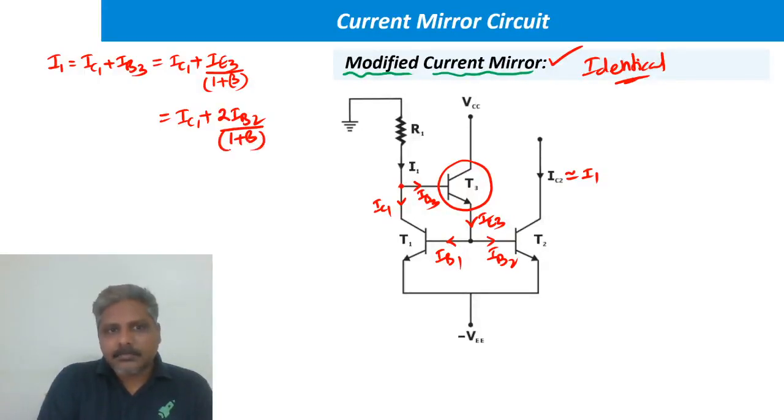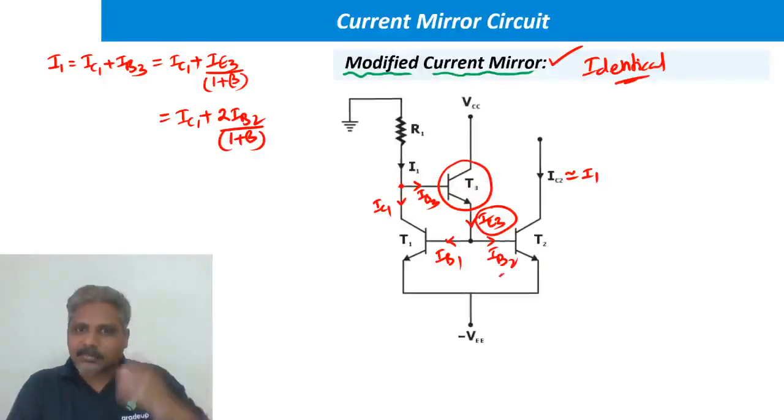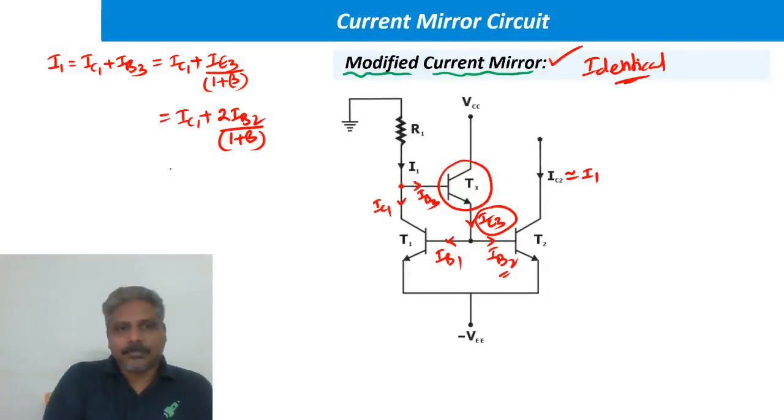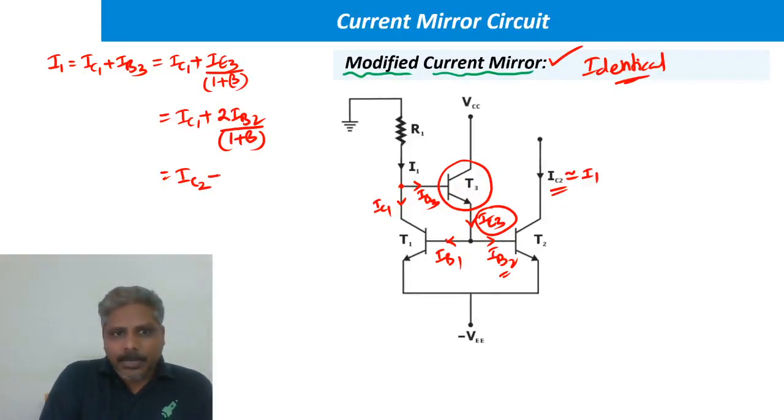Because after all, this IE3 is nothing but the sum of these two, which is 2 times IB2. So again I want to write everything in IC2: IC2 plus 2 times IB2 can be written as IC2 by beta into 1 plus beta remains the same.